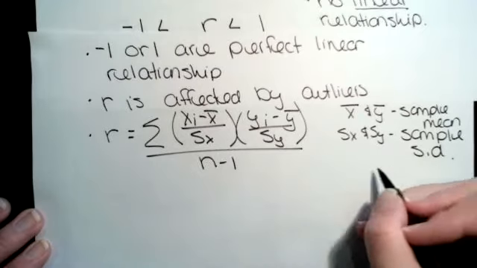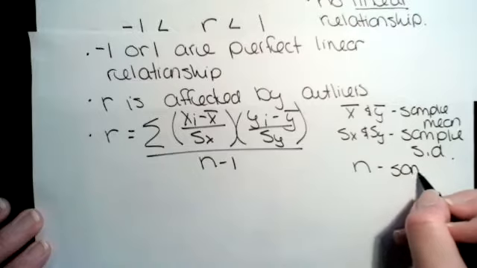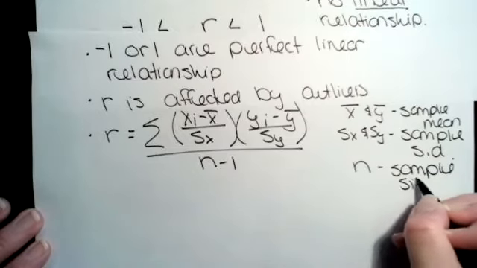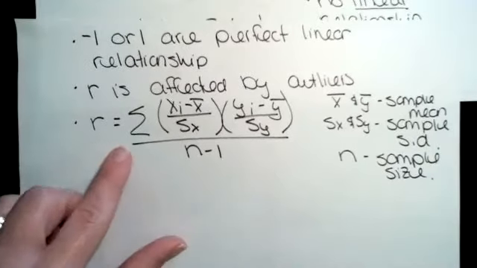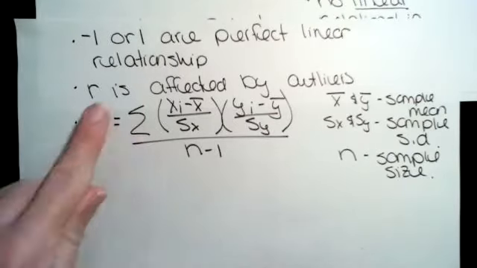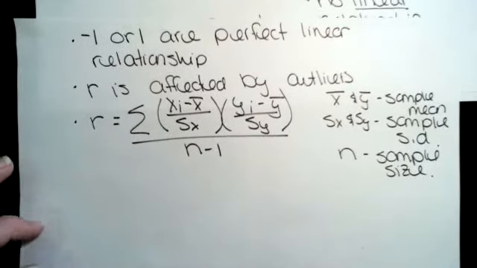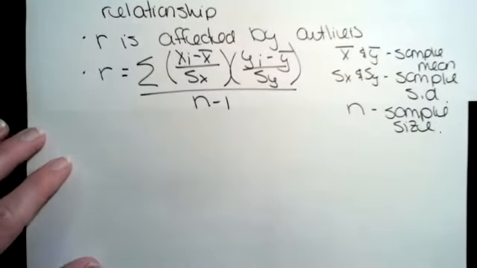And of course, N is the sample size, so how many individuals we have in our sample. But again, you don't even have to write this down. We're never going to use this, not even in class. I'm not going to do it by hand. It's not worth it. We have our technology to do it for us. I just like to show you what the calculator is actually doing behind the scenes, and that it is more complex than what we would like to do by hand.